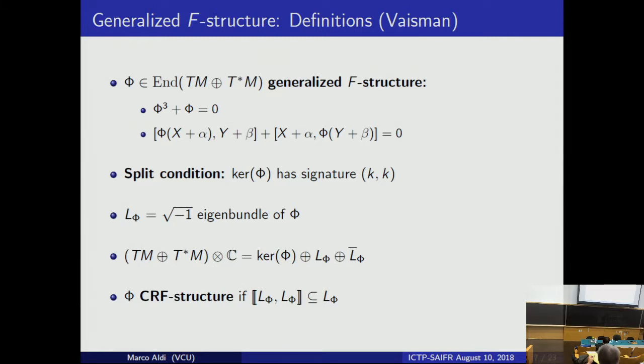Okay, so now let's pass to the generalized situation. Let's fast forward to the 21st century. And now, what are we going to do? This definition is due to Vaisman. Now, instead of having an endomorphism of the tangent bundle whose cube is equal to negative itself, we're going to have an endomorphism of the generalized tangent bundle that, again, cubes to negative itself.